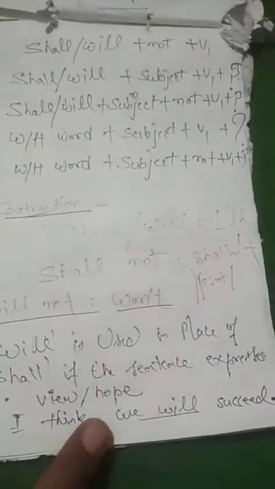In place of shall, there will be will. For example, I think we will succeed. Here we are expressing our view, expecting something, hoping something.